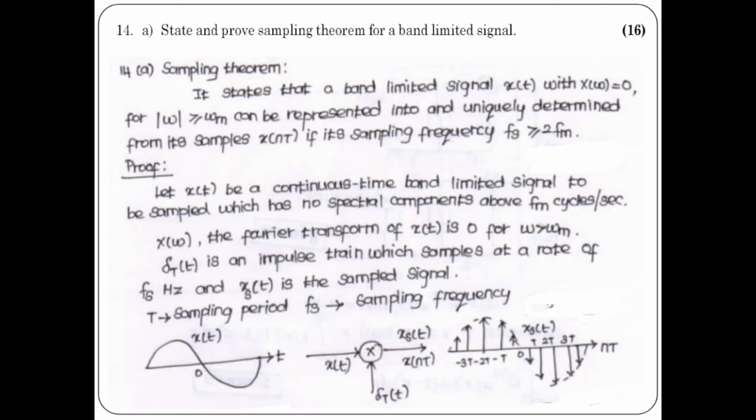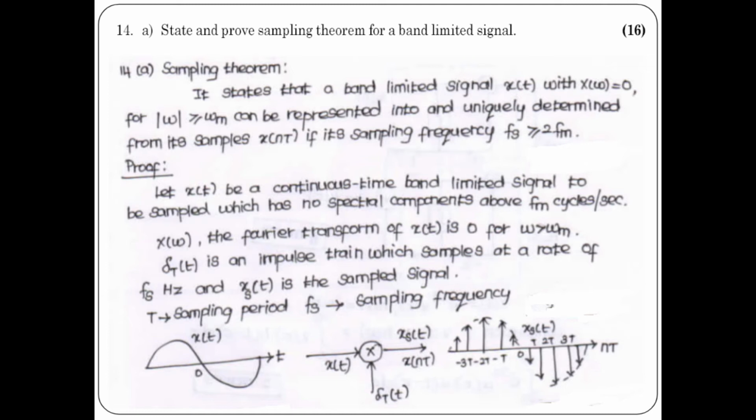What is fm? fm is the highest frequency component present in it. That is, for signal recovery, the sampling frequency must be at least twice the highest frequency present in the signal. This theorem is also known as uniform sampling theorem since it pertains to the specification of a given signal by its samples at uniform intervals of 1 by 2 pi fm seconds.